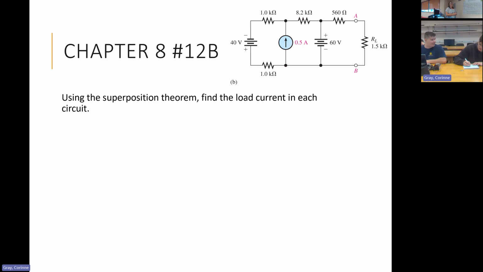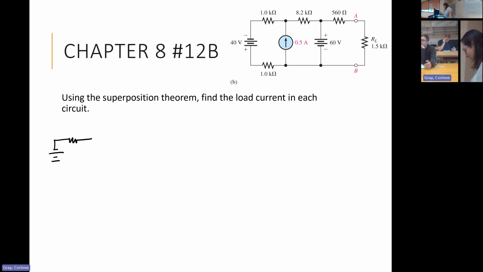Alright, does anybody need more time for drawing their three circuits? No, I just finished. Alright, so let's just go from left to right. I'm going to start with my left battery here.